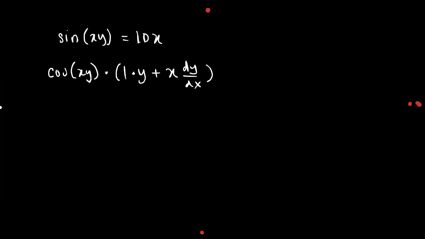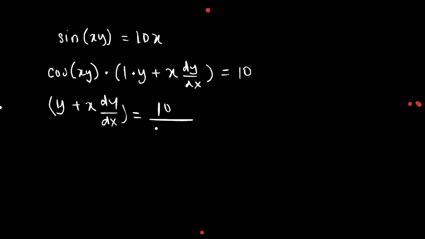But also know that if you want to save space, instead of writing dy/dx, you can replace that with y prime. And so these are equivalent, so whatever you want to do. So we have this x dy/dx, and this is equal to 10. Okay, so now we end up with y plus x dy/dx is equal to 10 divided by cosine of xy.